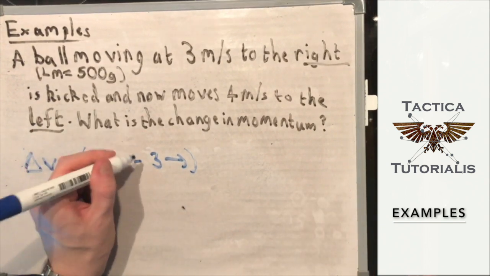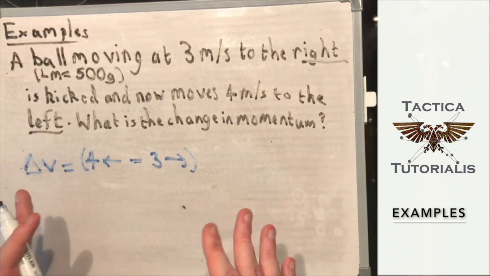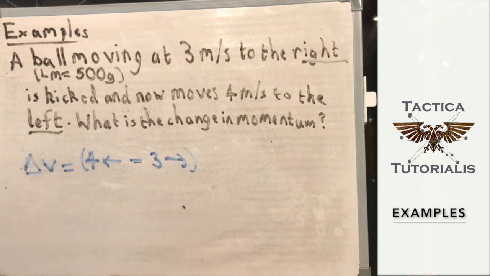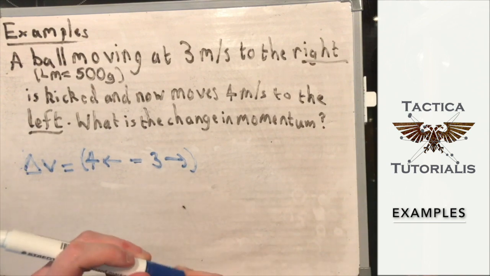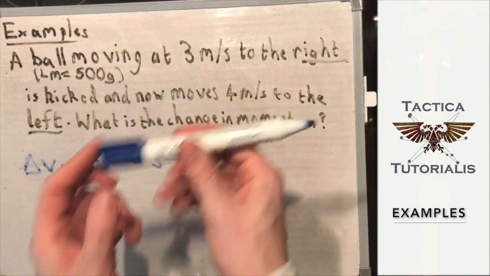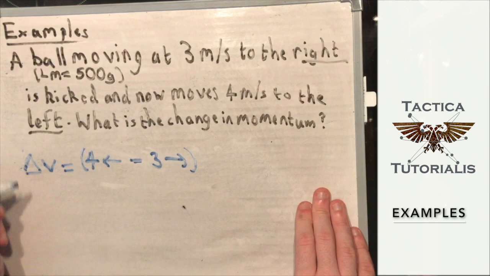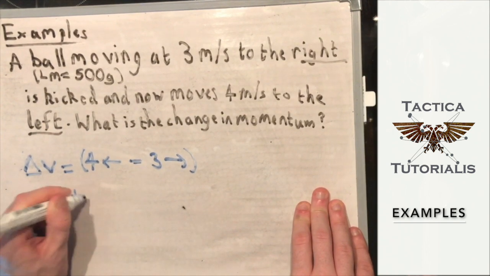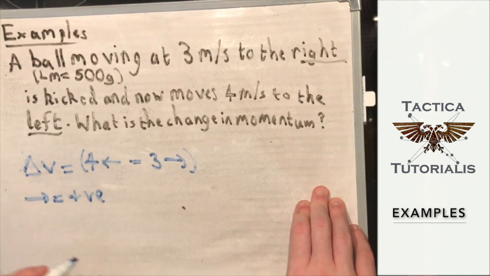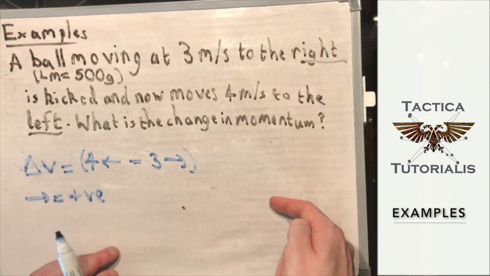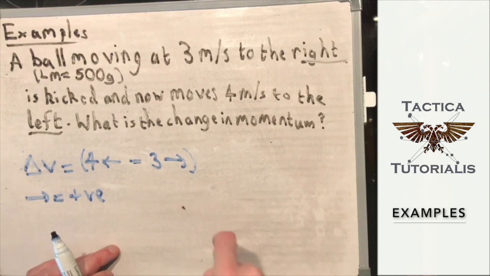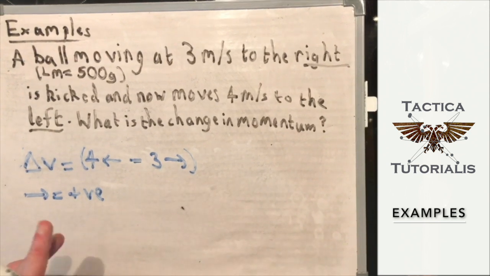But we now need to define, and this is something that's going to be quite awkward, our positive direction. So we're going to say, for the sake of argument, that right is positive. Right equals positive. So now, if you're moving to the left, that is equivalent to moving with negative velocity to the right.